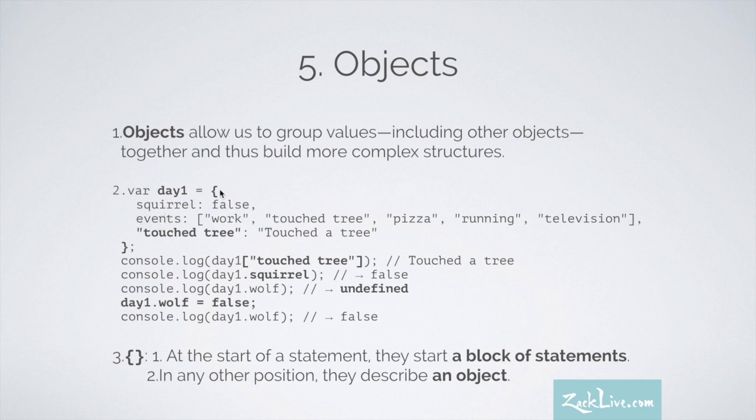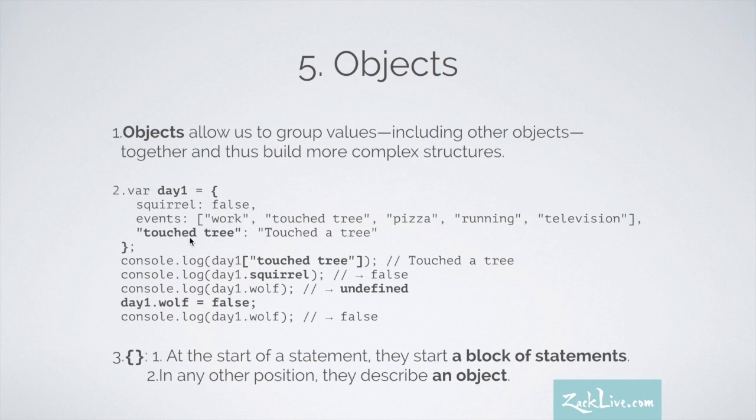Within the curly braces, we have a variable called squirrel, and the colon here is similar to the equal sign, which indicates the value of that variable. So squirrel has the value of false, which means it's a Boolean value. And then the second variable, we have events, and it's an array value.